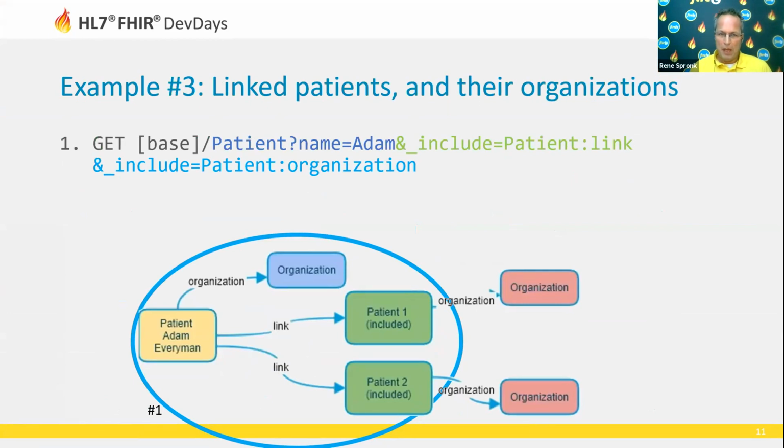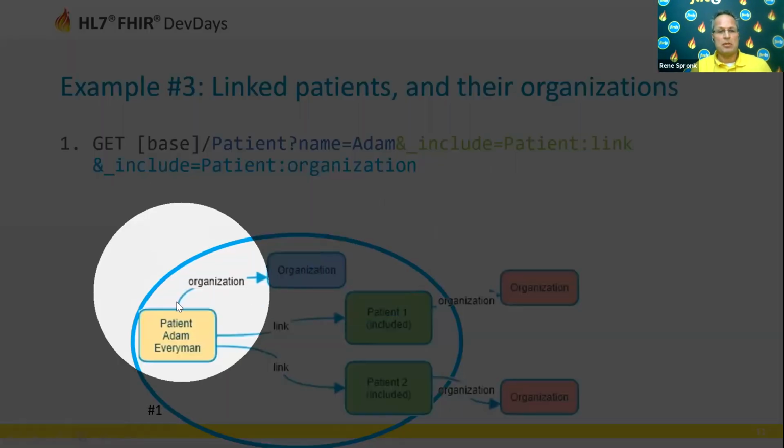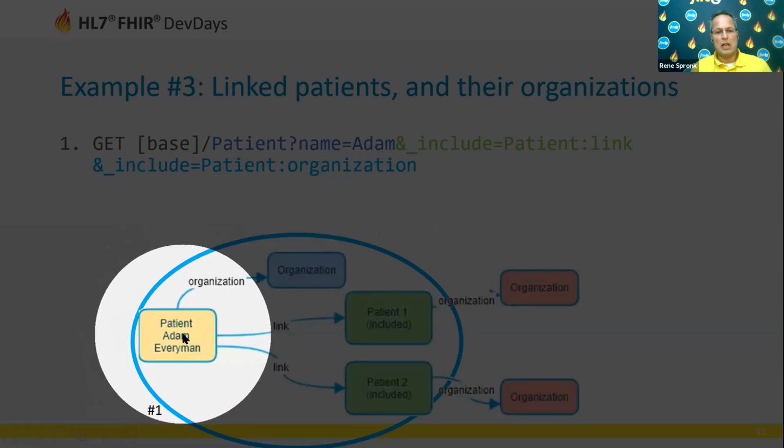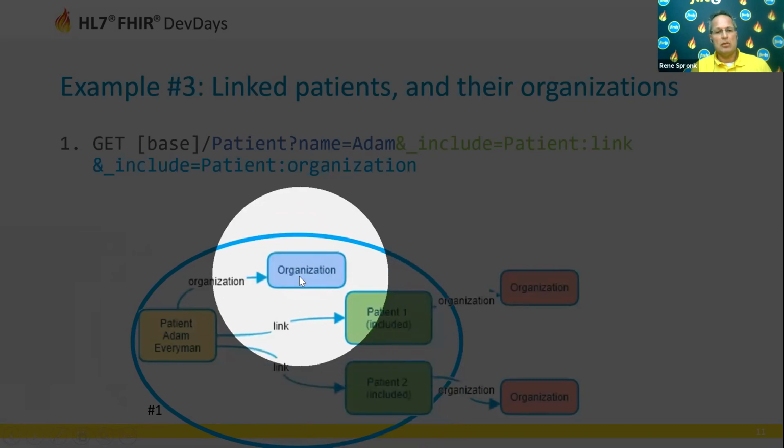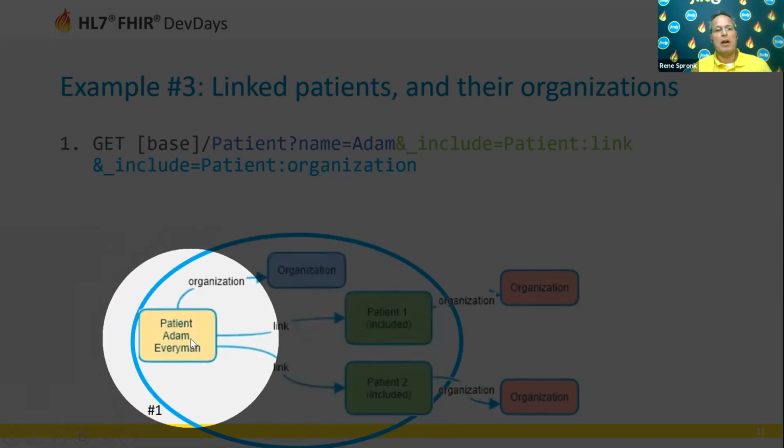Another example. Give me all patients with name Adam and include the patient links, because patient resources may have a link to other patient resources, for example, if they have been merged, and include all organizations that are managing those patient resources. Well, this example would result in this: the focal resource, Adam Everyman, including linked other patients, and the organization for Adam Everyman.